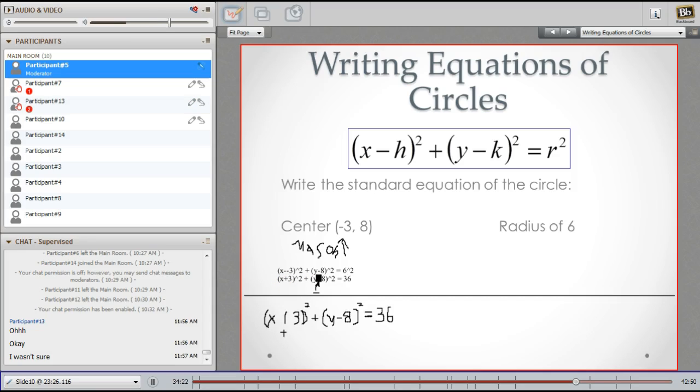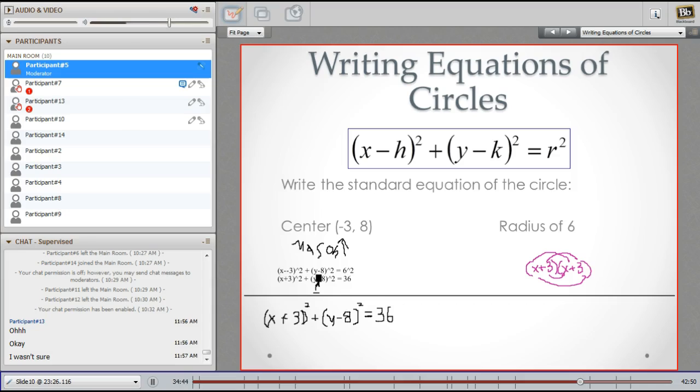So this means if you did want to expand it out, it would be x plus 3 times another x plus 3. And if you did want to simplify, you'd have to do first, outer, inner, last. But in either case, you don't want to do that, so you don't even have to worry about it.